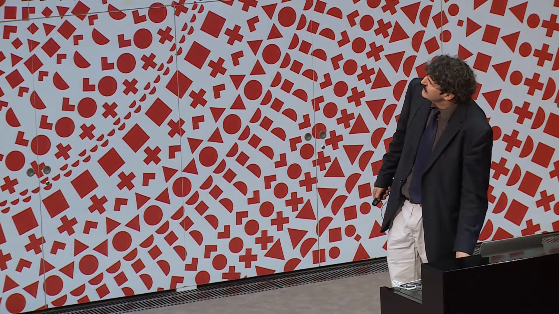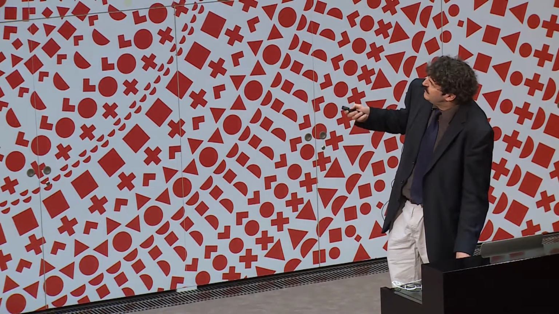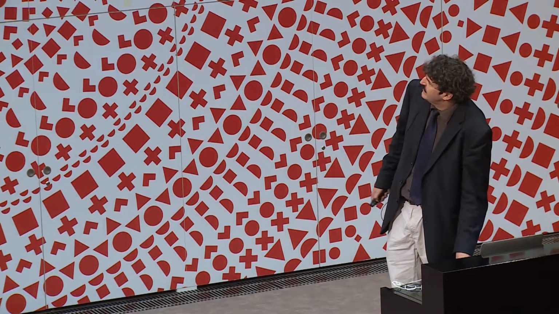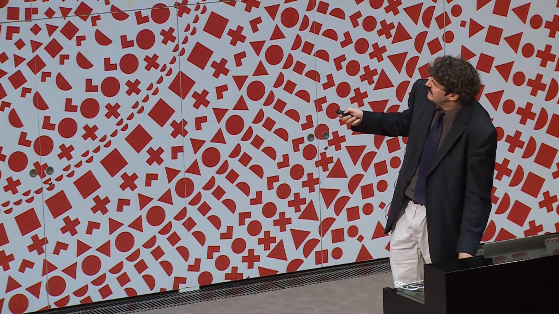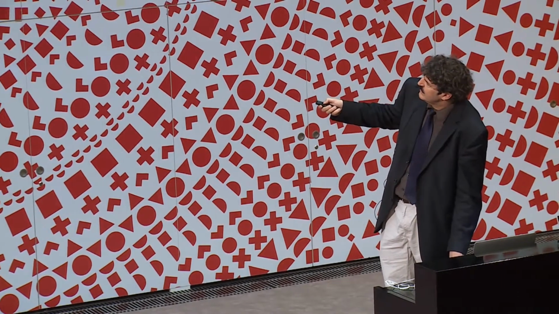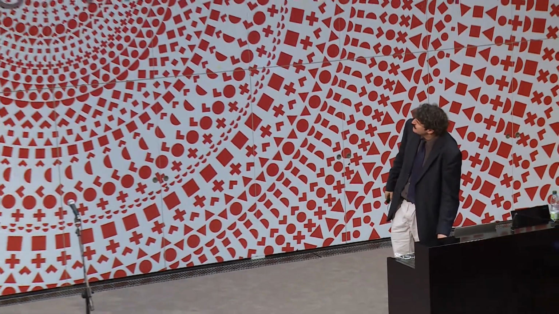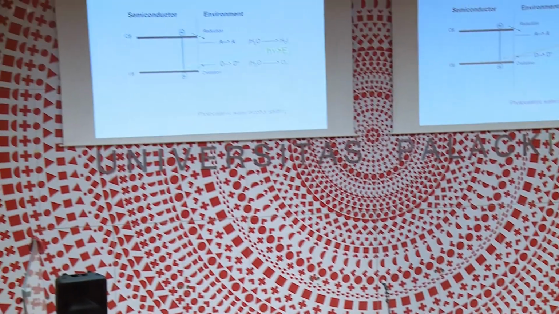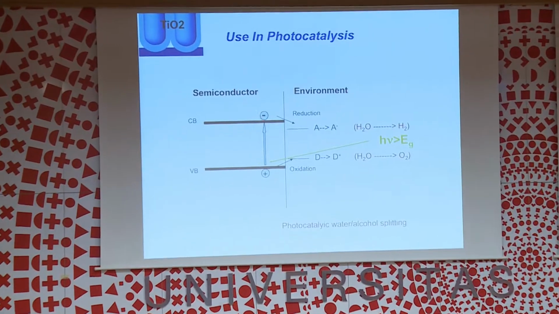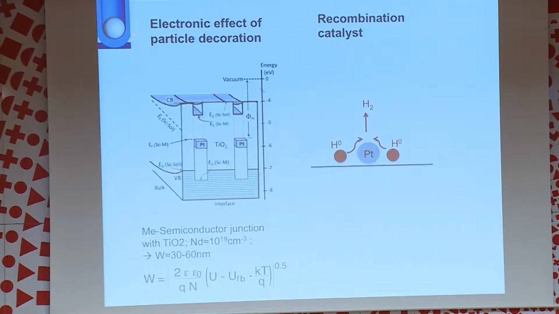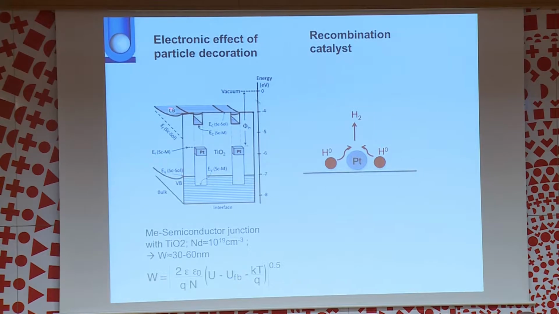And here I would just like to show you an example of using these tubes in a photocatalytic application, such as the decomposition of water alcohol mixtures, where you generate hydrogen from water alcohol mixtures using photocatalysis. The fact that this gold particle is present has two effects.